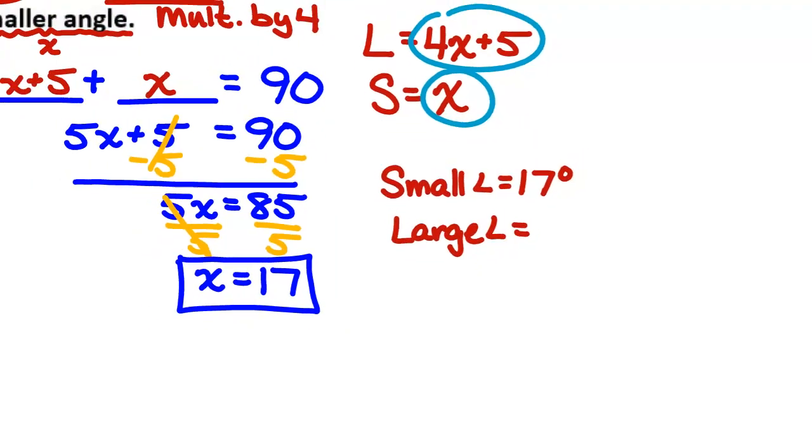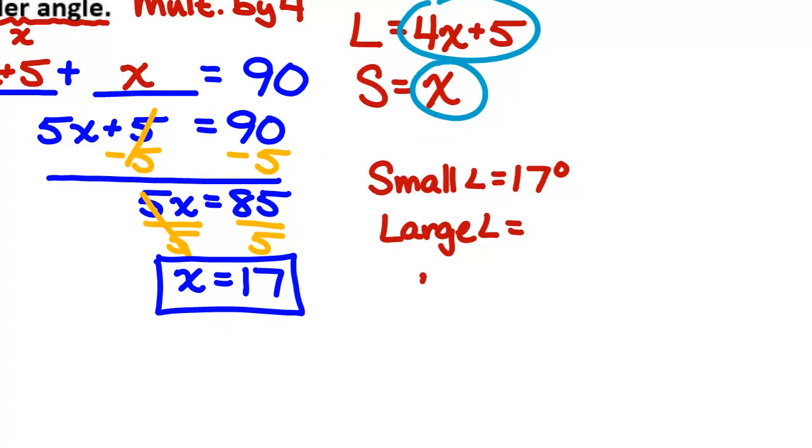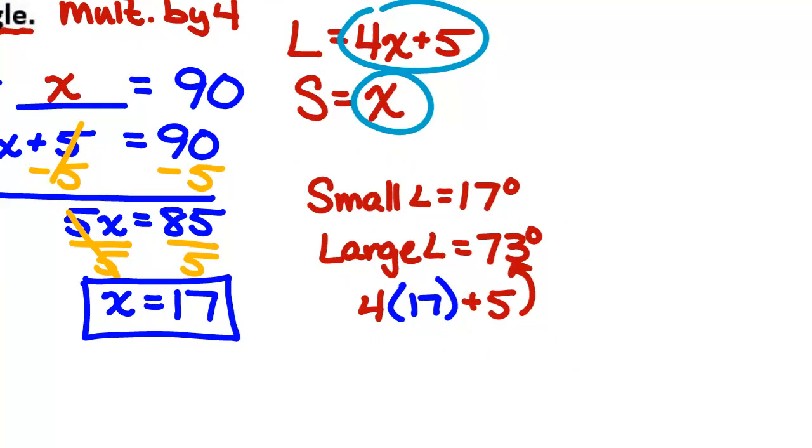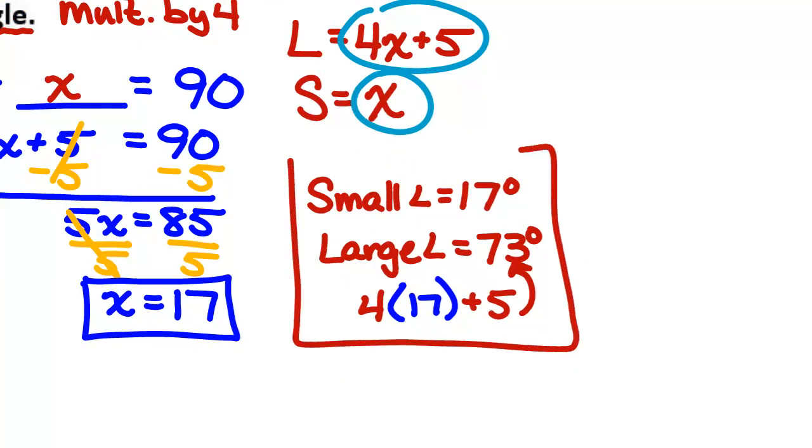To find the larger angle, I'm going to need to plug in 4 times 17 plus 5. What is 4 times 17 plus 5? 73. So there's my larger angle and my smaller angle.